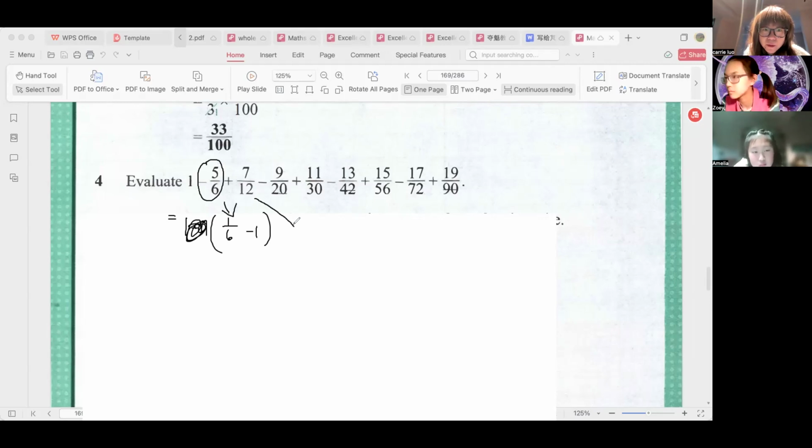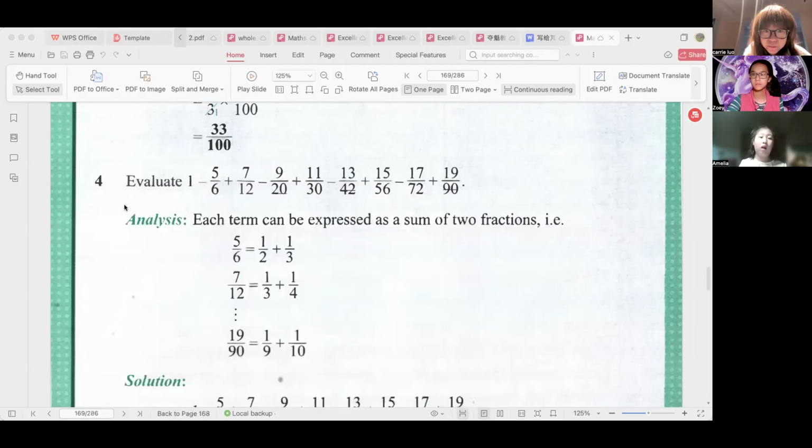Is it? Okay, so how about this one? Is it 1 over 3 plus 1 over 4? How about this one? Yeah, I show you how to do it, like here. So you can see all of them actually have a relationship between each other.